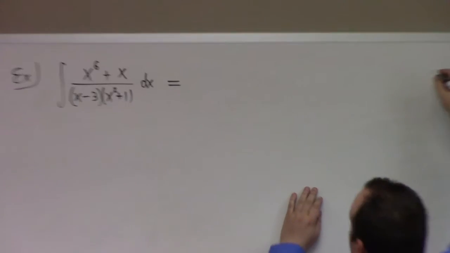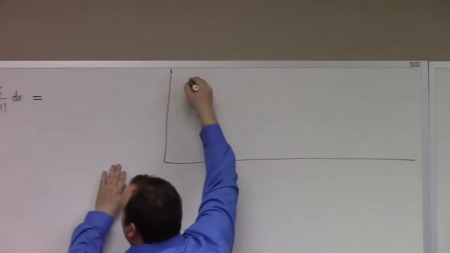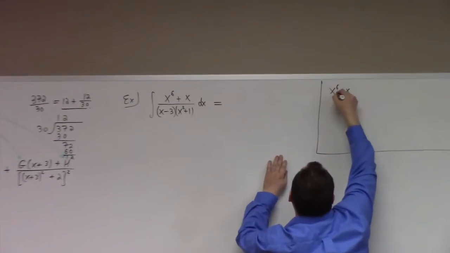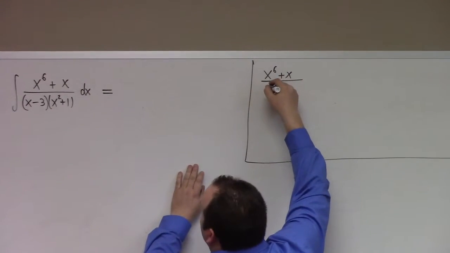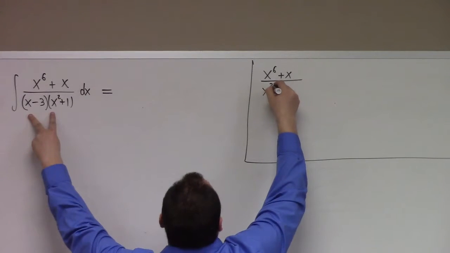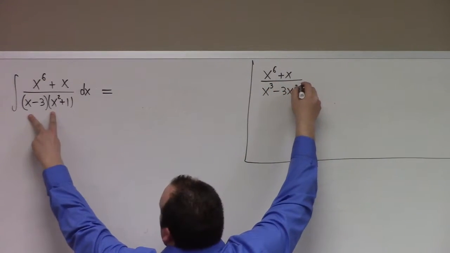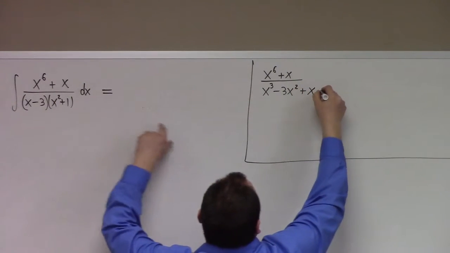I'll do it over here. Let me just take one step before I do that. I'm trying to understand x to the 6th plus x over, and so what's the denominator? I've got really x cubed minus 3x squared plus x minus 3.